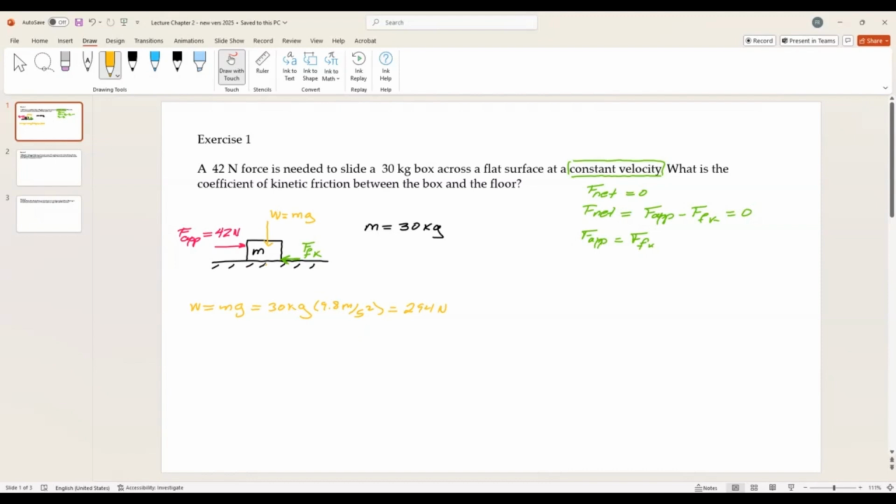Now, we have a force that opposes the weight. That is the normal force, which is a supportive force perpendicular to the surface. So this is the normal force.